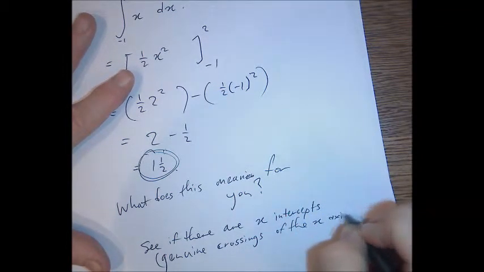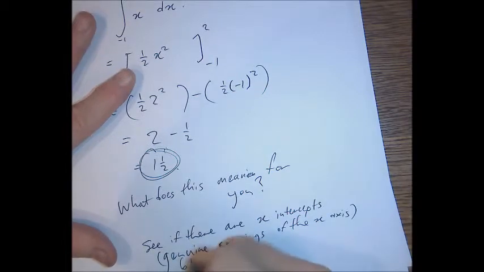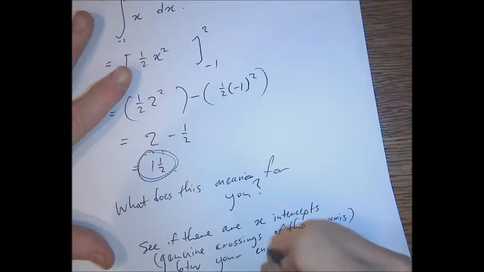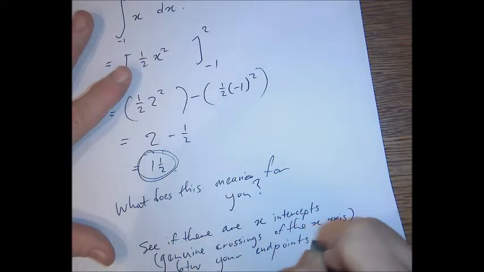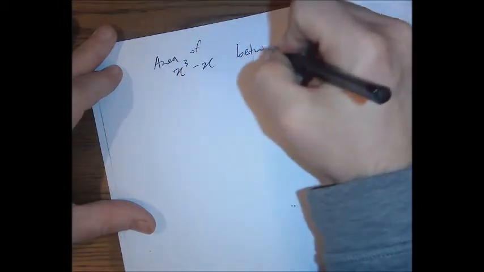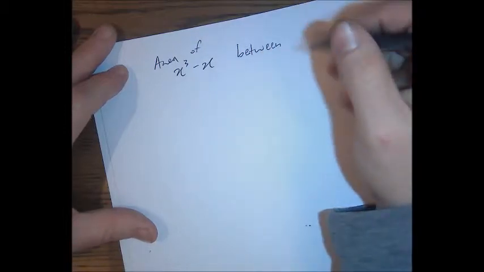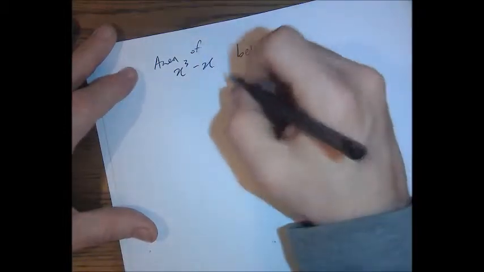Okay, so for example, if I was working out the area of this, so the area of that between, say, -2 and 3, you've got to see whether there are any crossings of the x-axis between -2 and 3.